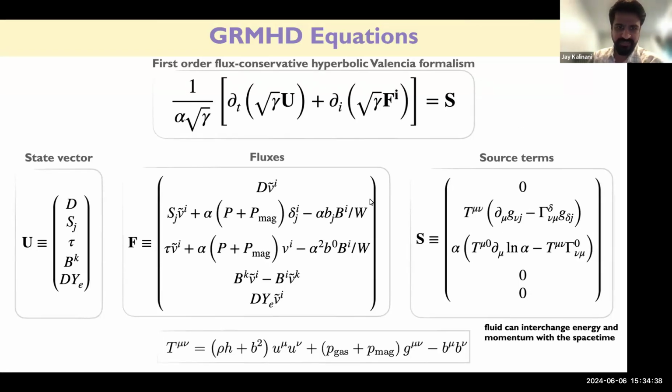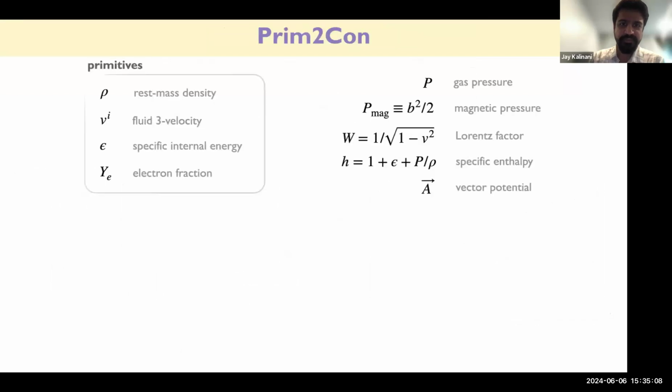So this might feel like a lot, but just to give you a brief idea, these are the different variables that are actually evolved in the code. And these are the fluxes that are computed typically at the cell faces. And then these are the source terms, which, when they're non-zero, mean essentially that the fluid can interchange energy and momentum with the space-time. And these are essentially conservative equations, like I mentioned earlier.